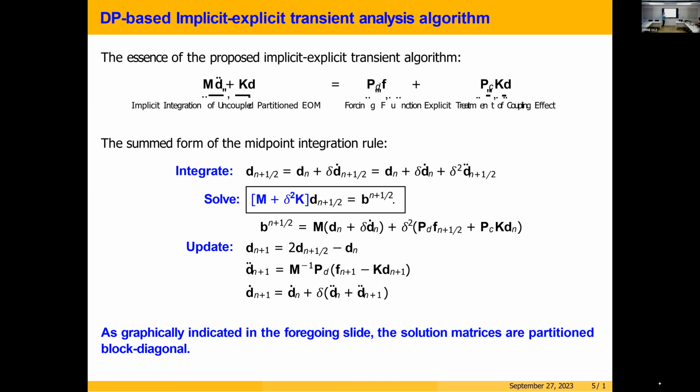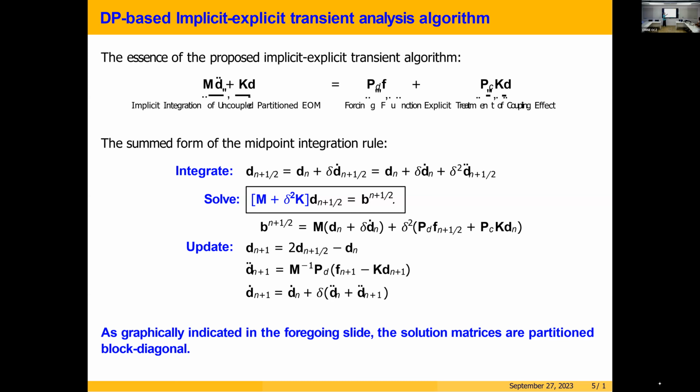Okay, and there are papers about that. So since we are ultimately trying to use this, we are using midpoint rule. In other words, we advance half the step, and after we solve it, we get the full step by extrapolation. And then you update the acceleration and update the velocities.